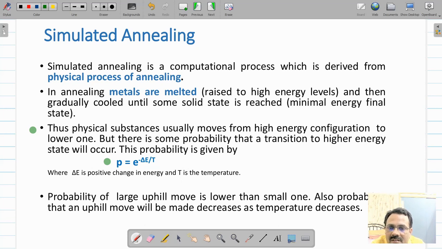That means energy at point Ei minus energy at point Ej, where this delta E is the positive change in energy and T is your temperature.